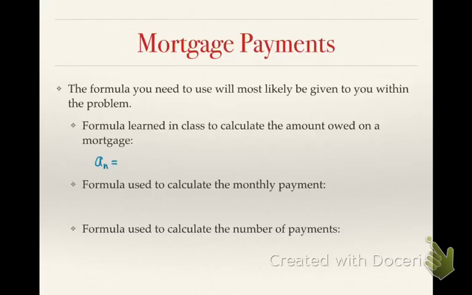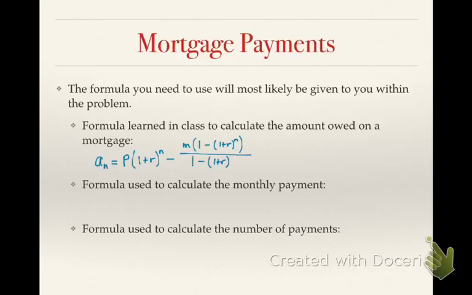The amount owed on a mortgage after n number of payments was found by taking the principal times 1 plus the rate raised to the n, minus m times 1 minus 1 plus r to the n, divided by 1 minus 1 plus r. That was the formula we used to find the amount remaining after n payments.